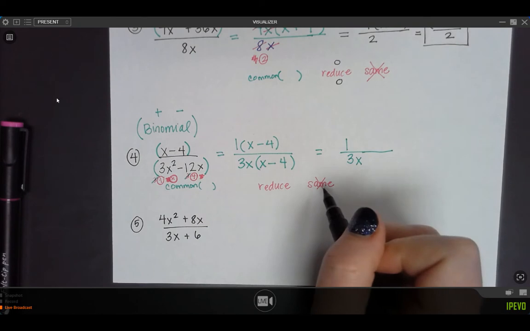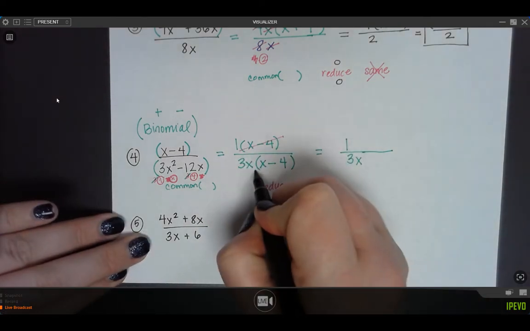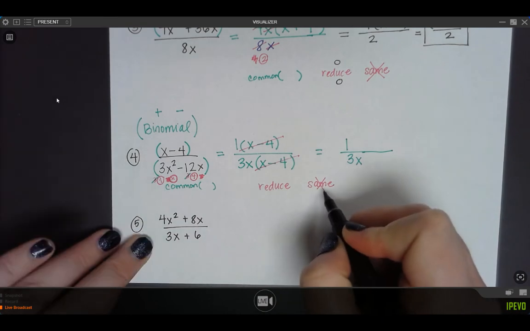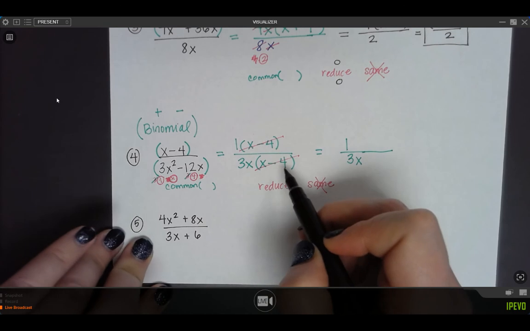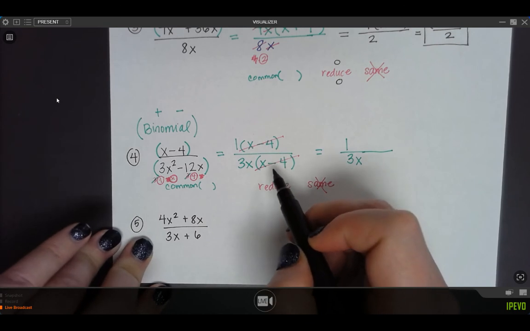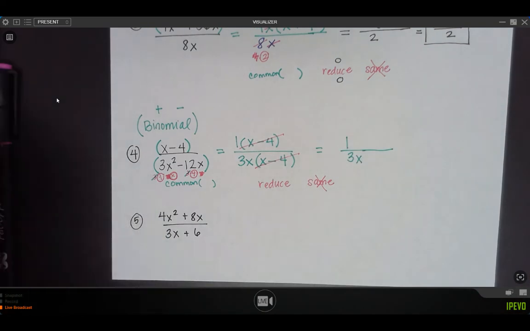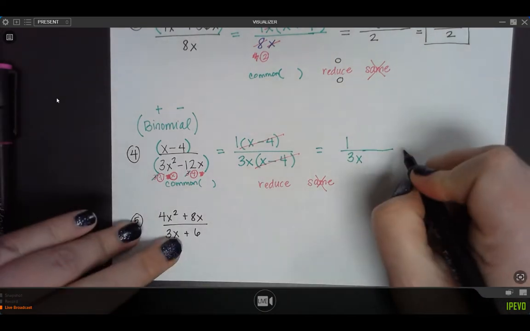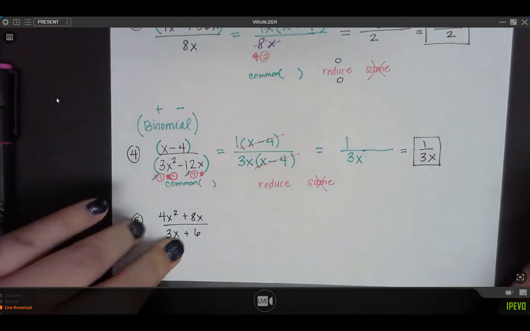But what is exactly the same, x minus 4 and x minus 4 are exactly the same, so I can get rid of them. So when you have parentheses, the parentheses have to match. So all that's left over is 1 over 3x. And if I rewrite that a little bit nicer, it just looks like 1 over 3x and box it up. All right.